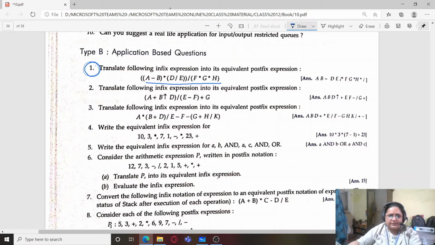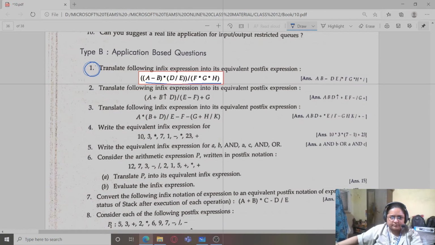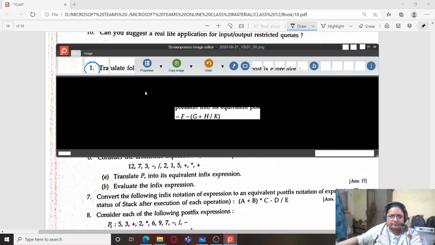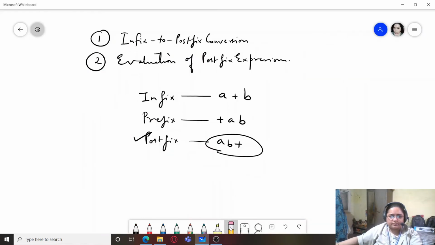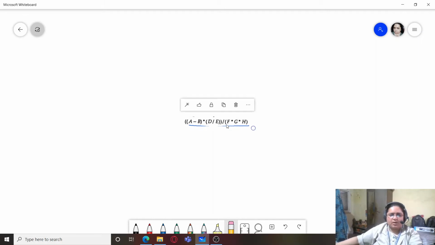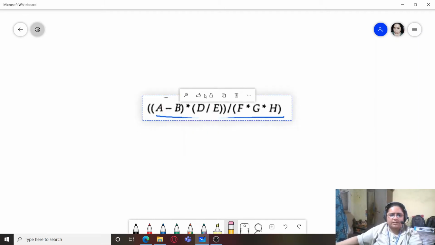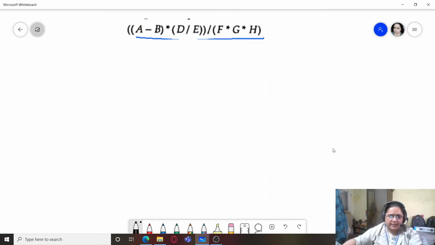So this is the infix expression. I am going to just copy this infix expression. Now there are two ways of converting an infix expression into postfix. First is using the simple method and another is using the stack method.